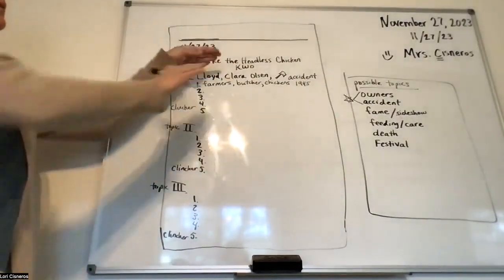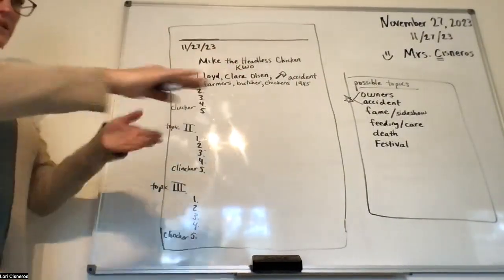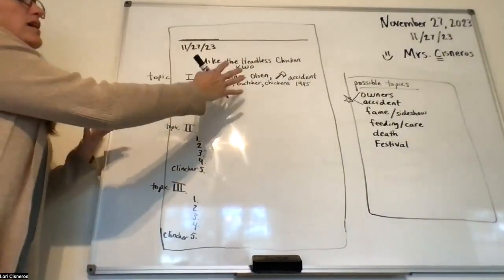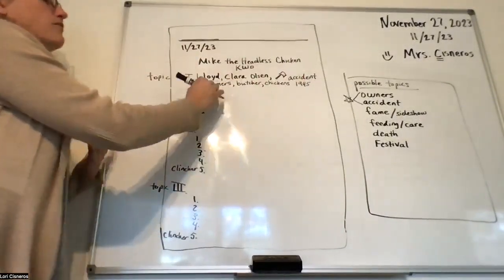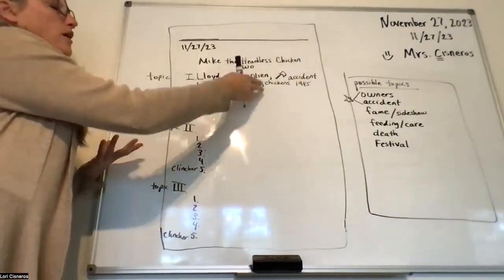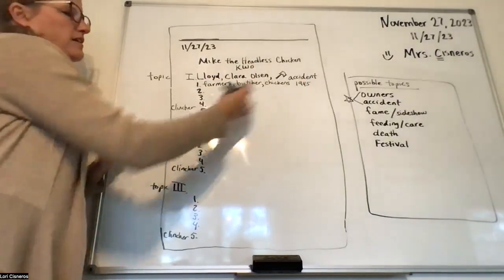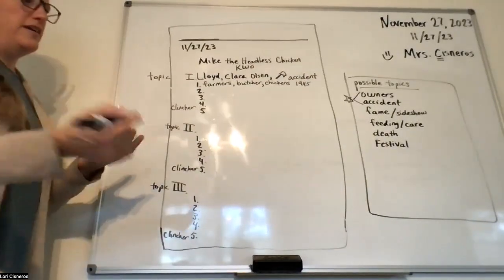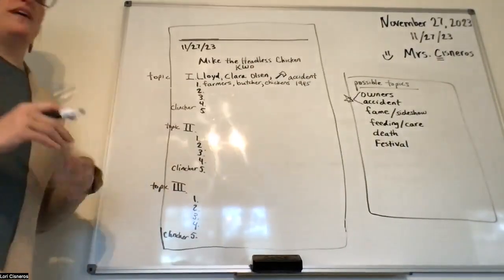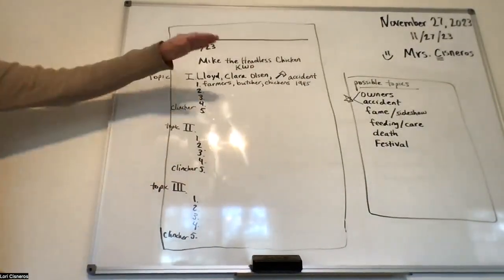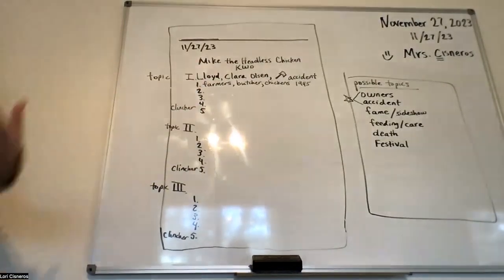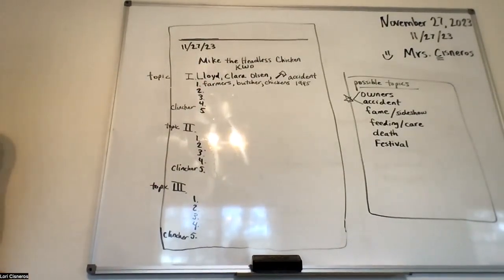You can rearrange this beginning part to make it make sense as you write it. You could say in 1945, there were two farmers named Lloyd and Clara Olson who butcher chickens and take them to the market. And then you can explain the accident. So you can use this just as a guide on how you start out your paragraph. So we know that about them.